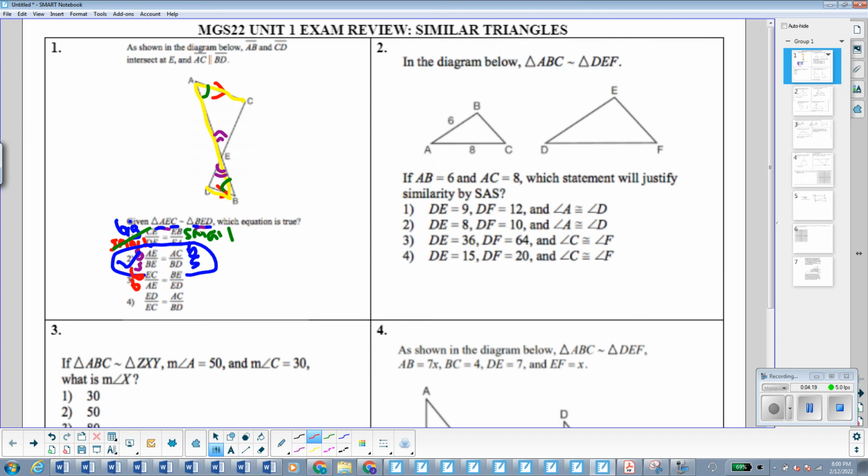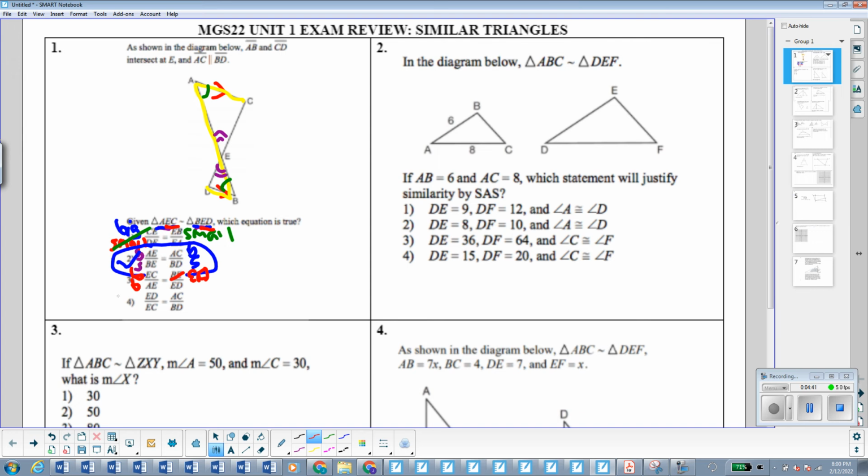BE is from the small triangle, but it doesn't correspond to EC. EC is the second and third letters in the triangle's name here, so it should correspond to the second and third letters of the triangle's name here, which is ED. So in order for this to be correct, this would have to be ED, and therefore that should be BE.